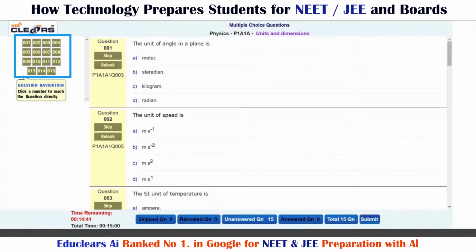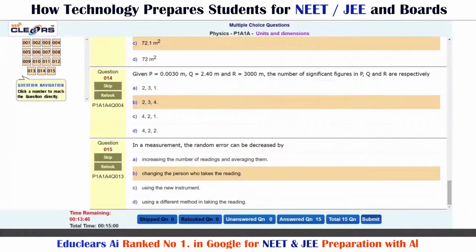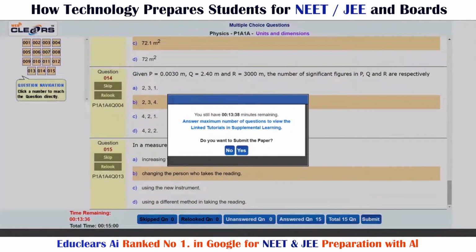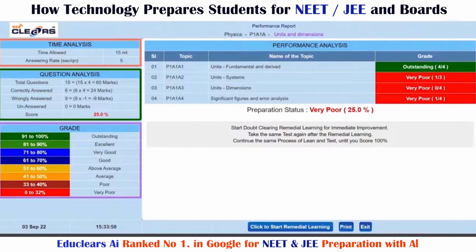So, let's see how we are doing the diagnosis. After completion of the test, the student clicks on the submit button to end the test. Instantly, a report will be displayed which has 2 parts.